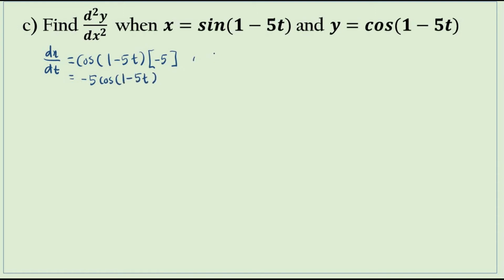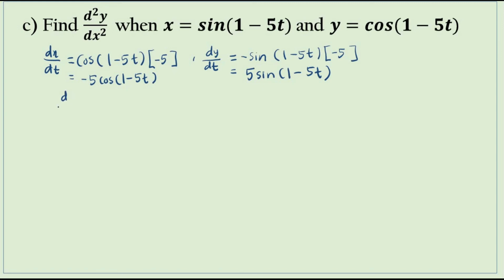Proceed to the second equation. For y, dy/dt: we differentiate cos and get negative sine of (1 minus 5t), and once again differentiate what's inside the bracket, we get negative 5. So finally dy/dt here is 5 sine of (1 minus 5t).